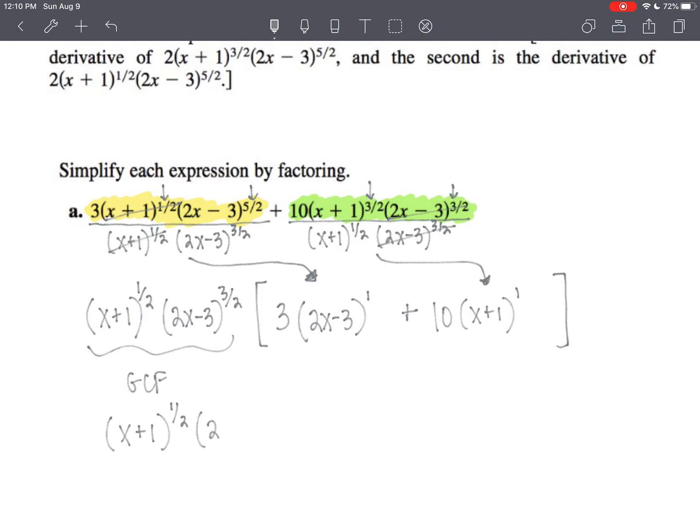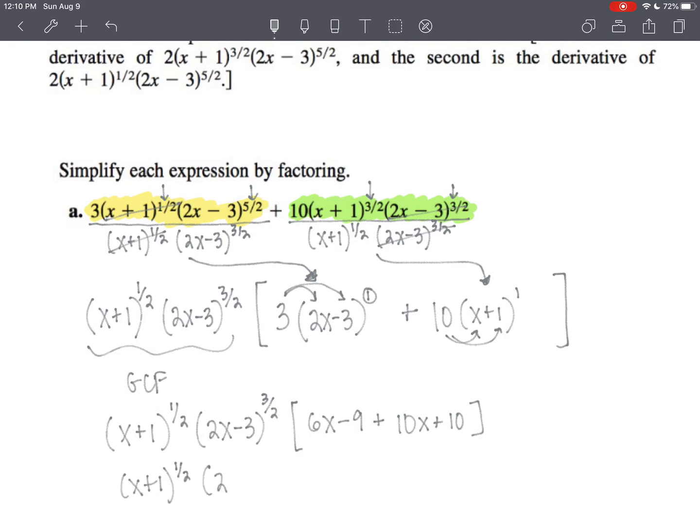So on the outside, I've got x plus 1 to the 1/2, 2x minus 3 to the 3/2, and then inside the brackets, because this is a first power, I'm going to have 6x minus 9 plus 10x plus 10, which simplifies to be, and this is just really great algebra.